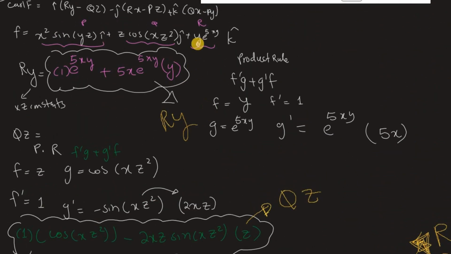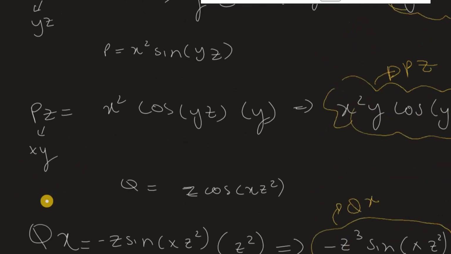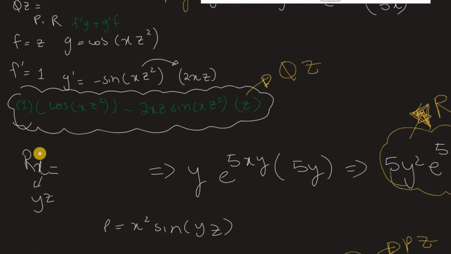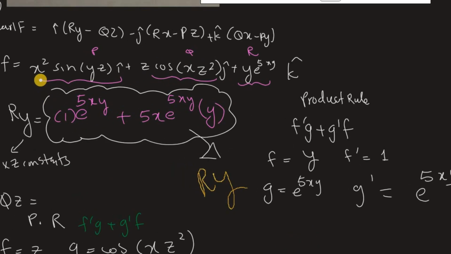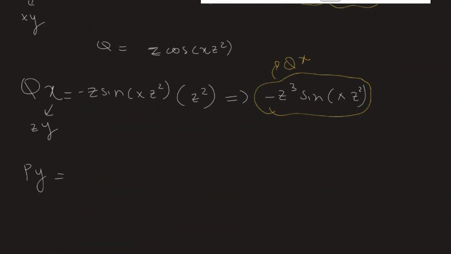Now, what's our last step? Our last thing is to find p of y, the partial derivative of p with respect to y this time. We already calculated with respect to z. Let's find it with respect to y this time. So we have x squared sine of yz as our p. With respect to y, again, x and z are constant.